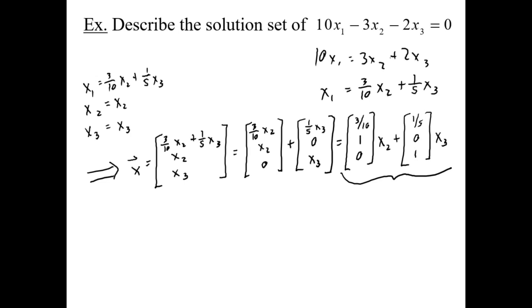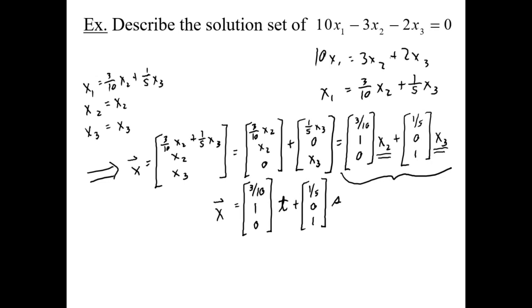Of course, there are two free variables, so now I have two parameters. If you don't feel like writing x2 and x3, you could instead say that my solution is going to be 3/10, 1, 0 times some parameter, and I'll just call it t because I'm not feeling very creative, plus 1/5, 0, 1 times some other parameter.